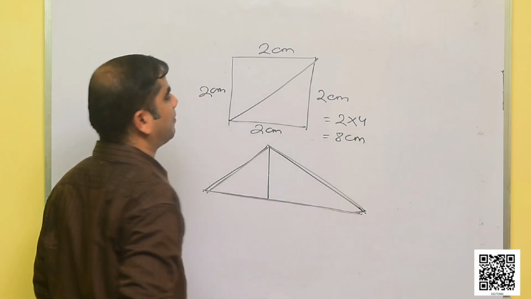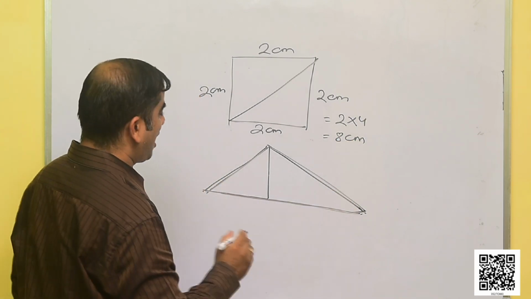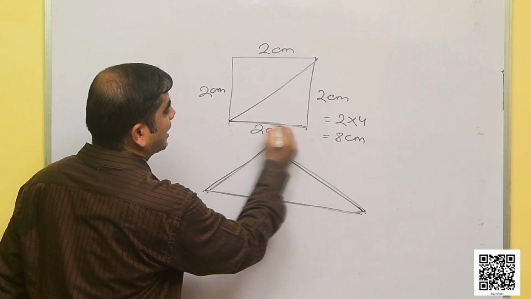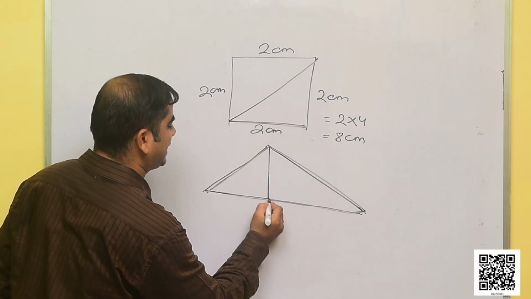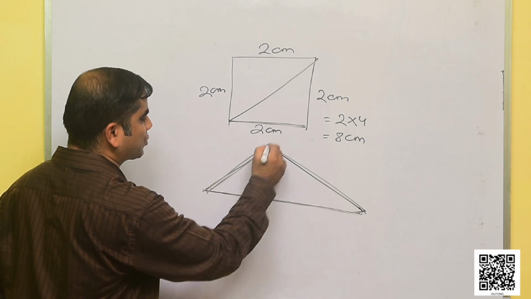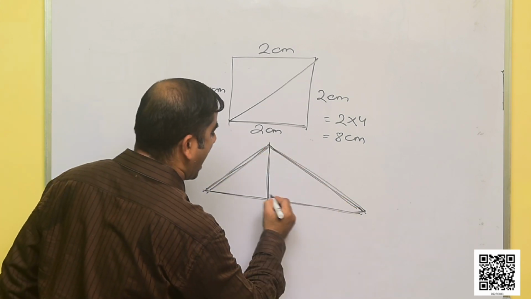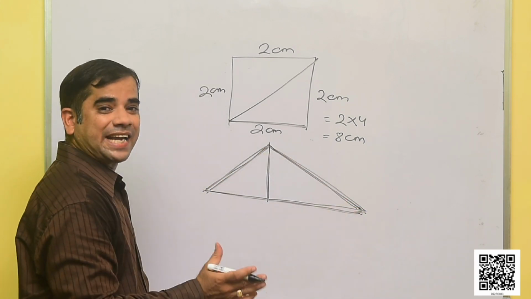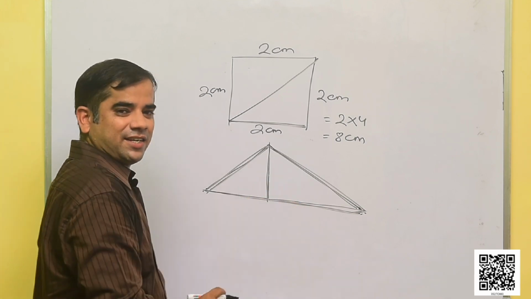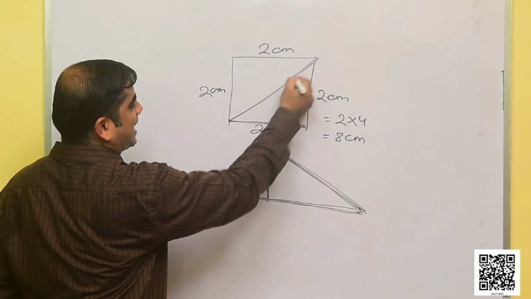The perimeter of the square is 8 centimeter. Now the length of the square is equal to this part, because this is half of the square now. These are two halves of the square which are kept opposite to each other. In the same way, these are the two halves.